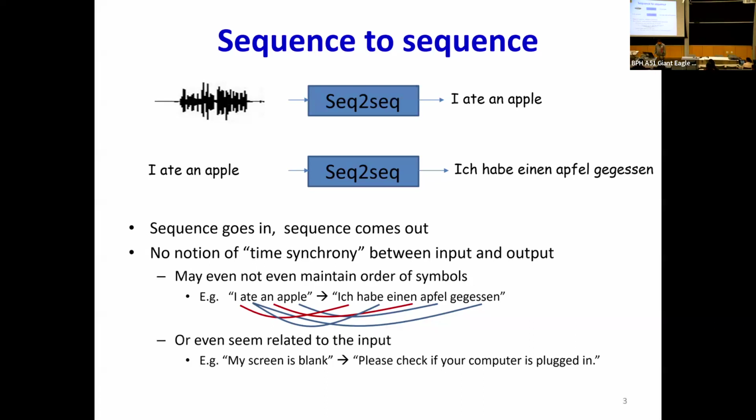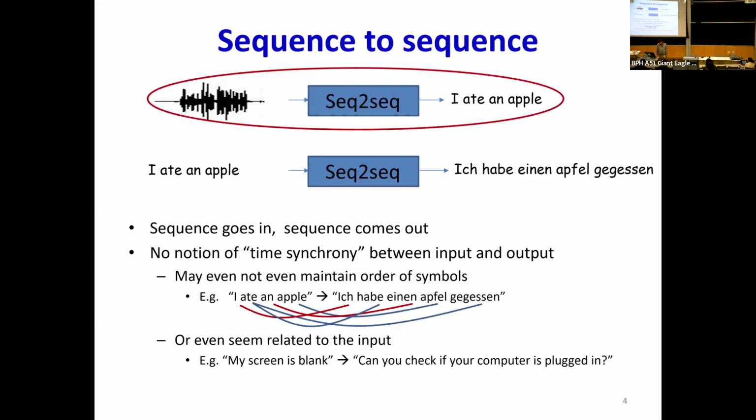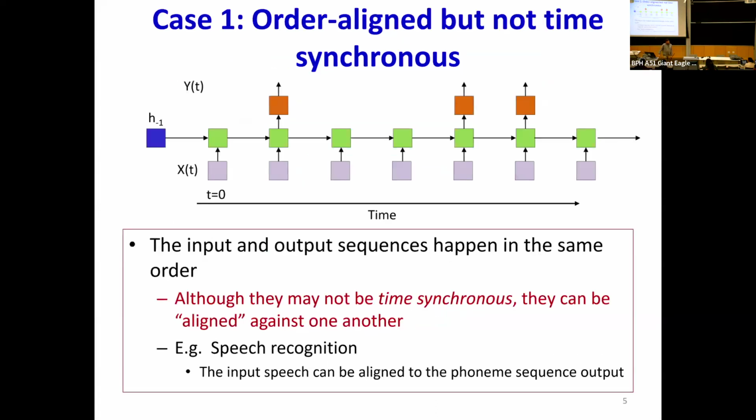For the specific kind of problem, like, my screen is blank, would be the text going in. The output is, please check if your computer is plugged in. No relation, right? But the kind of problem we are working with is this one, which has a very specific characteristic: namely, that the input and the output are order aligned.